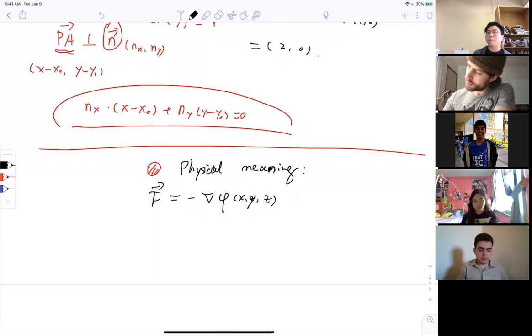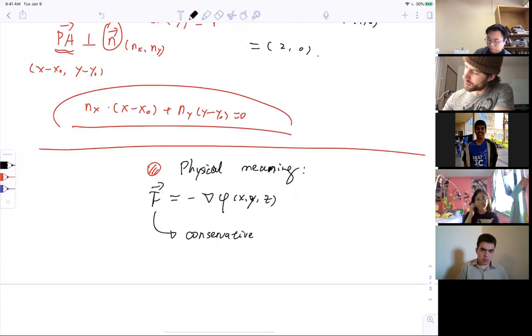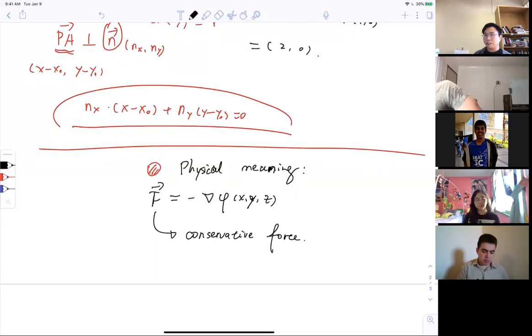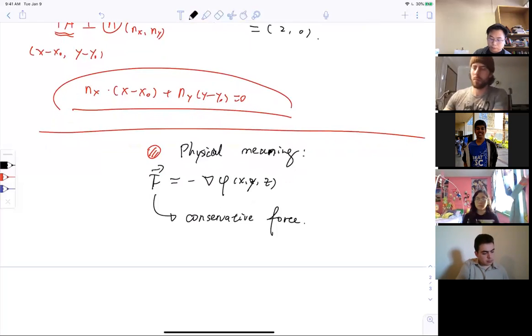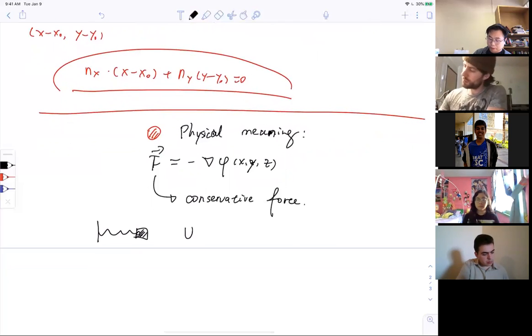If a force can be written in this way, then this force is the so-called conservative force, meaning that we can assign an energy potential to this force. For example, like the spring force, the potential is given by this, right?